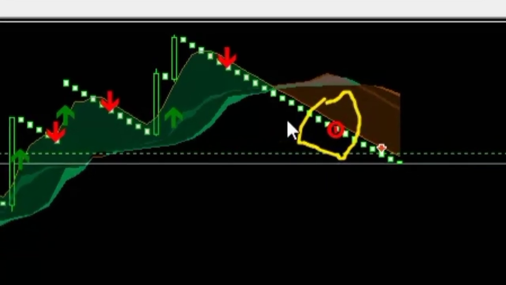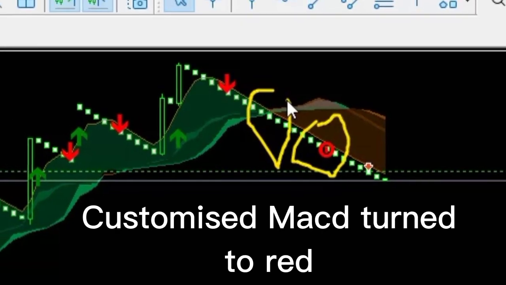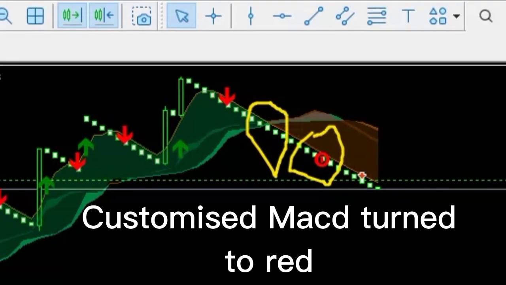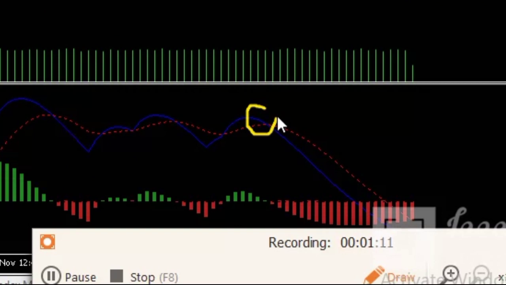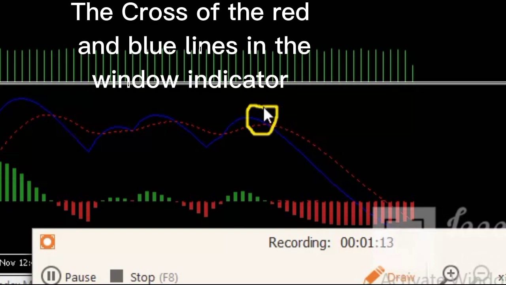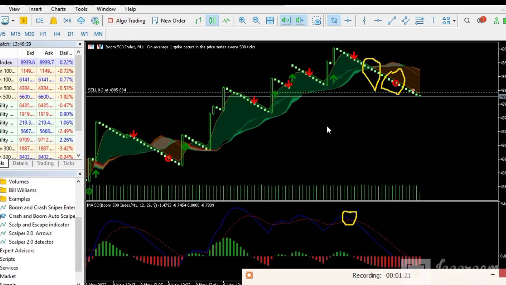You see that the circled red has come out, and the customized MACD has also changed from green to red. And on our window indicator we have the red and the blue line crossing. Even though we had a late entry because I didn't see it early enough, we are getting a nice entry right at that point. Yeah, that is our entry.